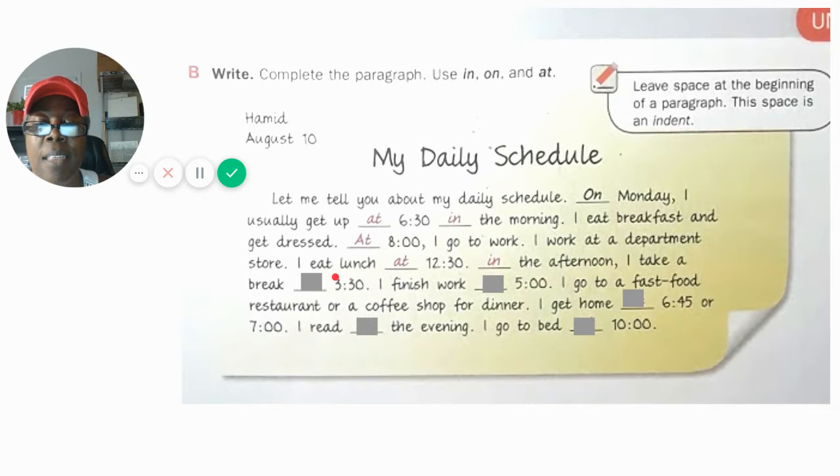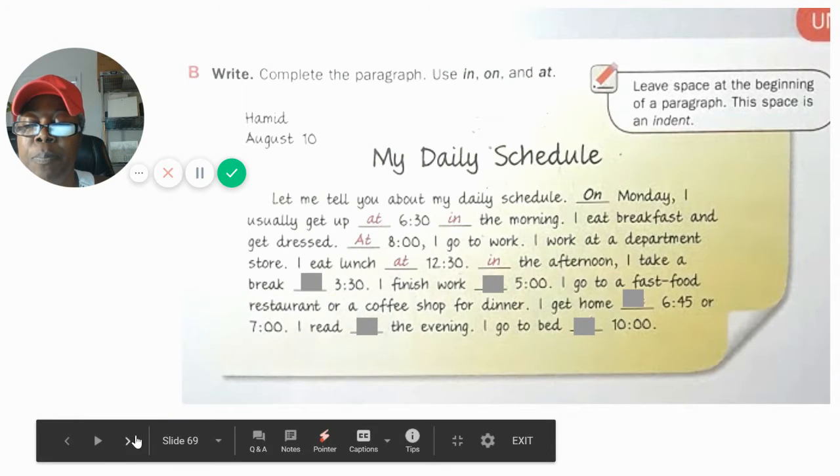You notice that there's a period after 12:30. I eat lunch at 12:30. In the afternoon, this I should be a capital letter. In the afternoon, I take a break. Take a break at 3:30. Again, we have a specific time, so it's at 3:30.